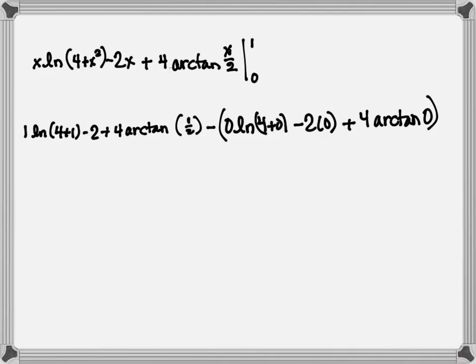Okay, so that's what that looks like right now. Some of this cleans up, some of it does not. 1 times the natural log of 4 plus 1, that's natural log of 5. And we can't write it in any simpler way. Minus 2 is minus 2. The arc tangent of 1/2. So the arctangent of 1/2 sort of feels like it should be on the unit circle. If it were arc sine, it would be.